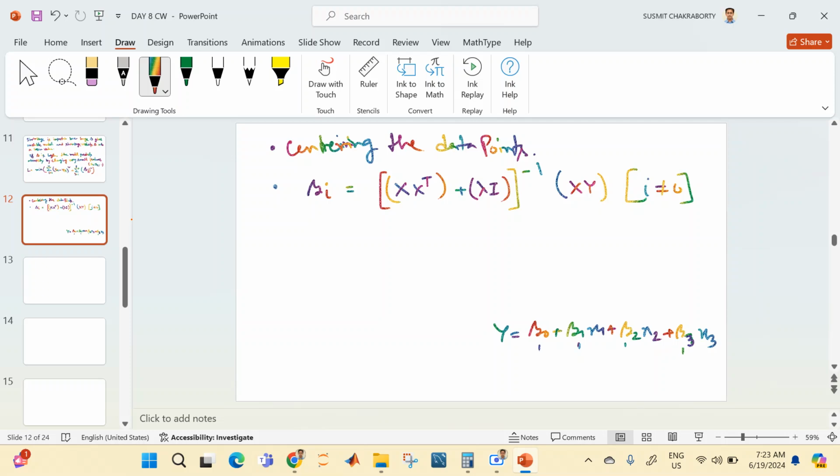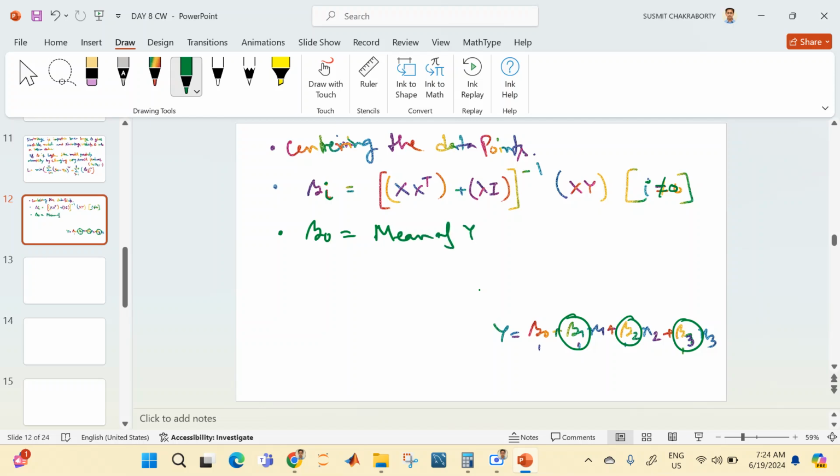But only the three betas, beta 1, beta 2 and beta 3, can be found by using this formula. That's why I have written here beta i, and i not equals to 0. This i is not for beta naught, and beta naught should be, according to the ridge regression method, mean of y.